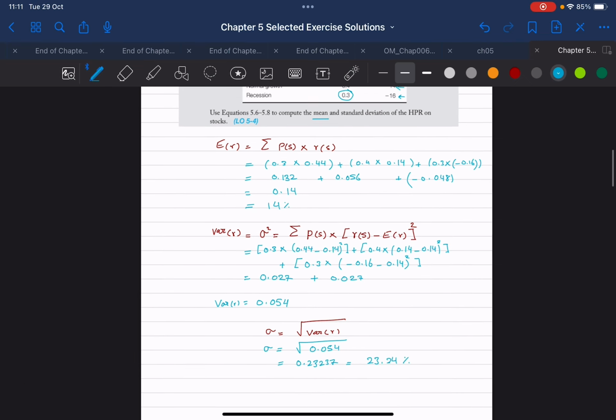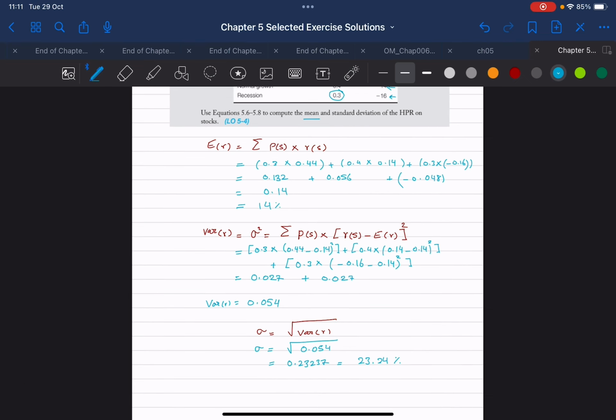Hope you found this exercise useful. It's a straight application of the formulas that we have learned, calculating the expected return or the mean of a scenario analysis, and calculating the standard deviation. As long as you know these two formulas, any similar question should be easy for you.